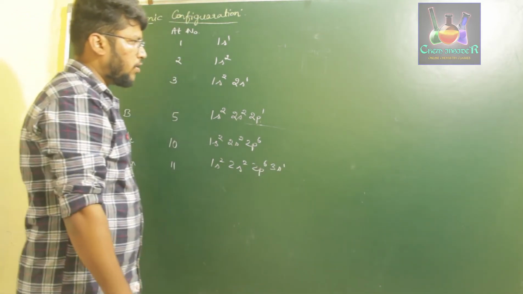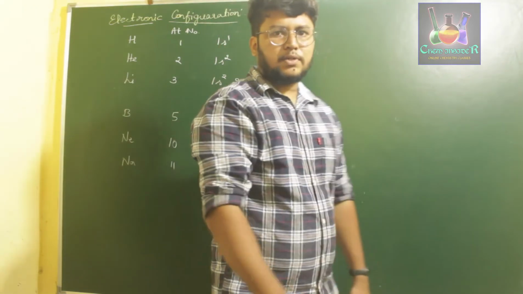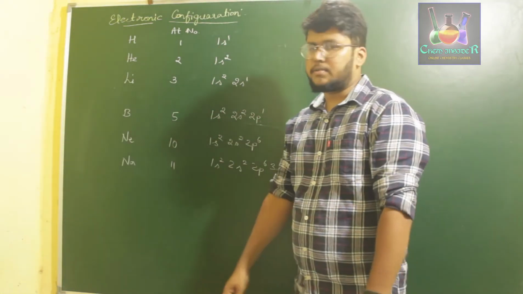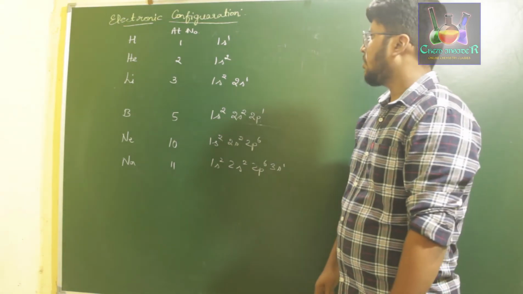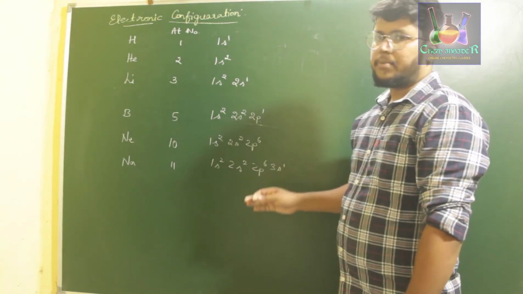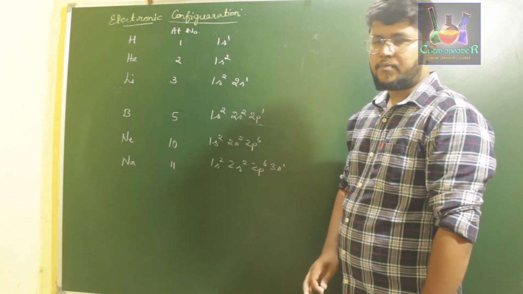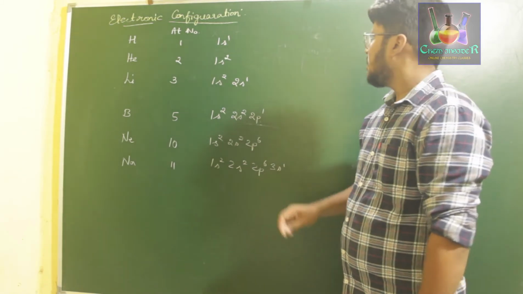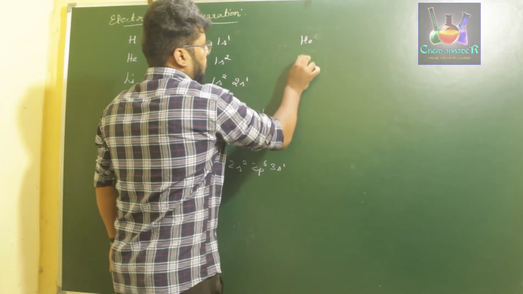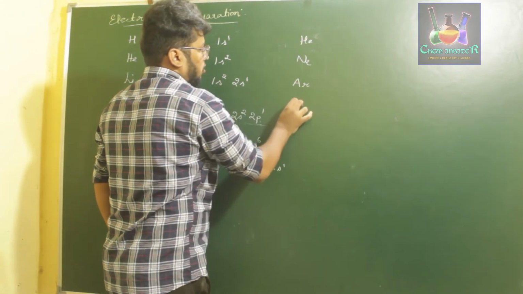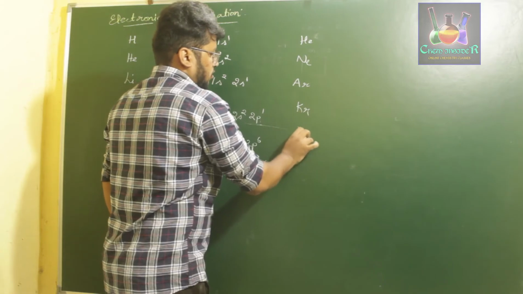What we are going to observe here is, if you look at the periodic table, from hydrogen onwards, consider the noble gases such as helium, neon, argon, krypton, xenon.